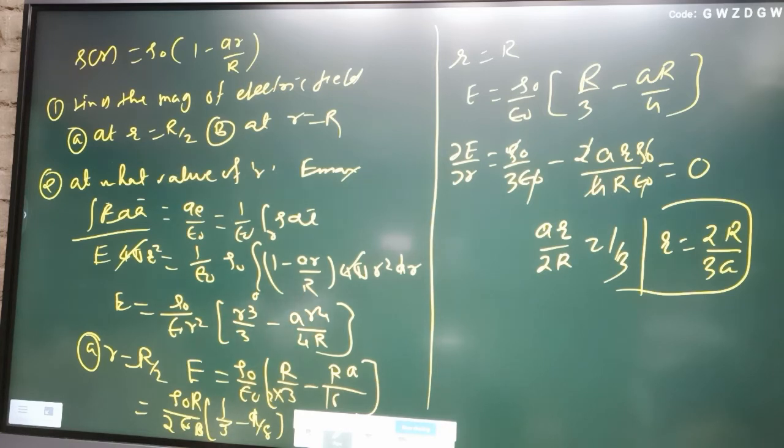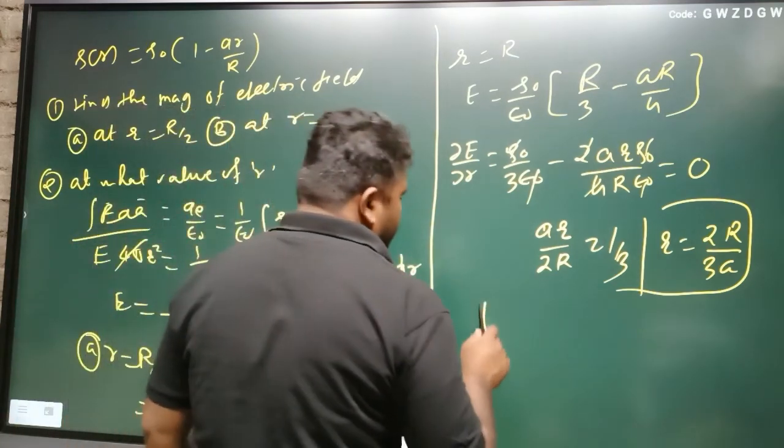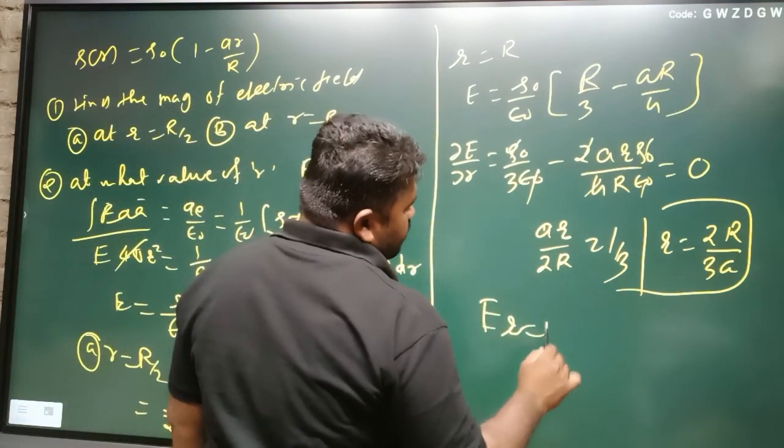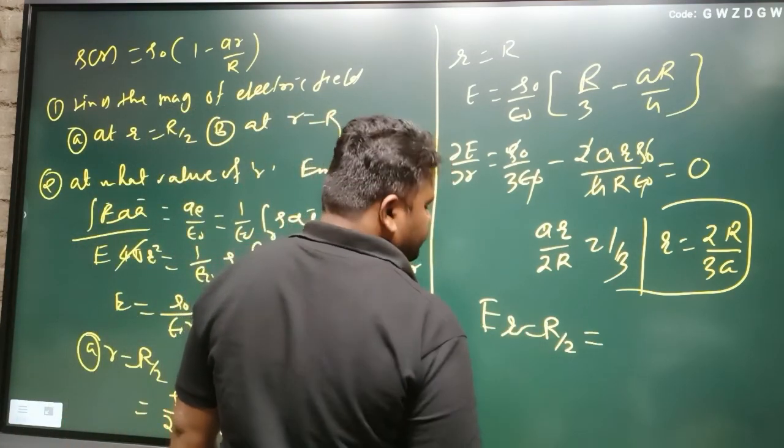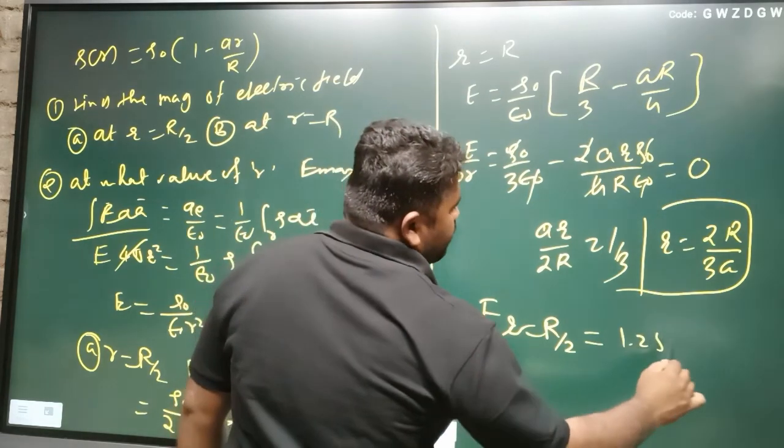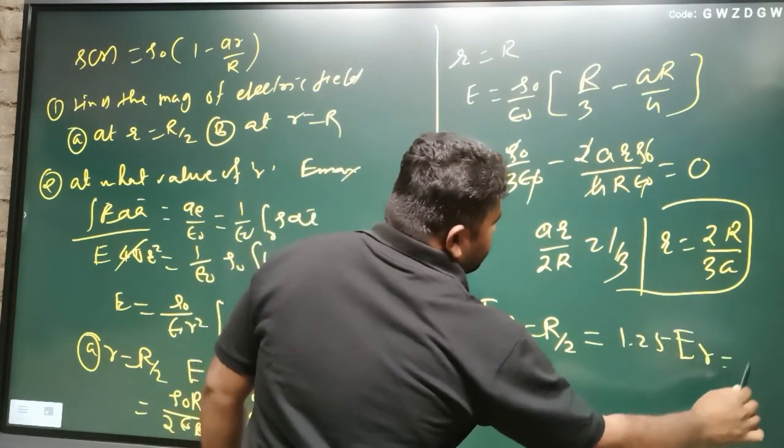If magnitude of electric field at r by 2 is 1.25 times of that at r is equal to capital R, then find out the A value. Means they have given conditions. Which condition? E at r by 2 is equal to 1.25 times of E at r is equal to capital R.